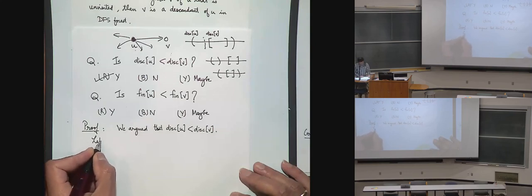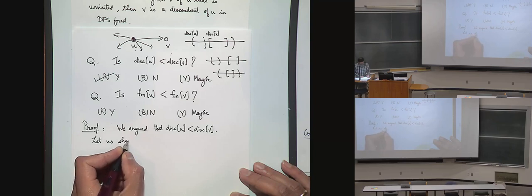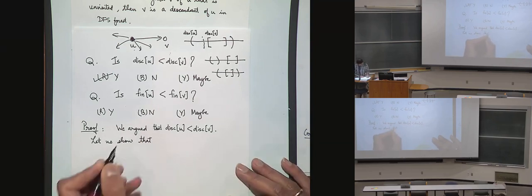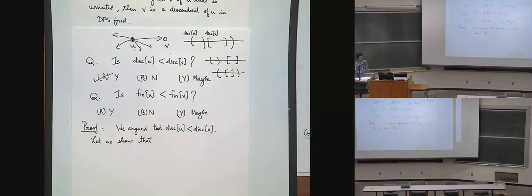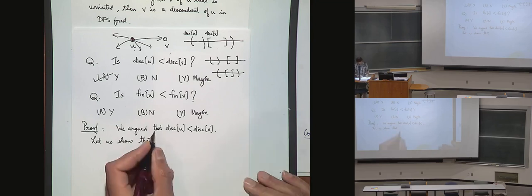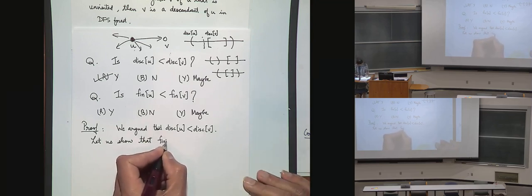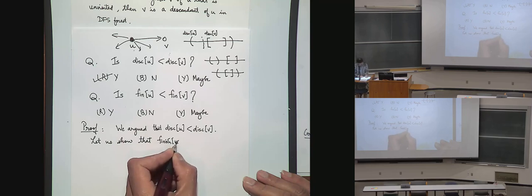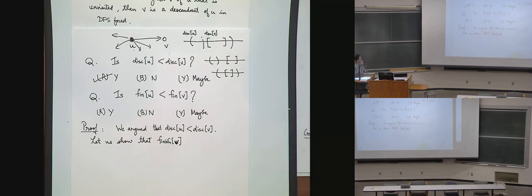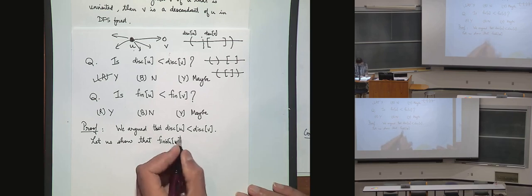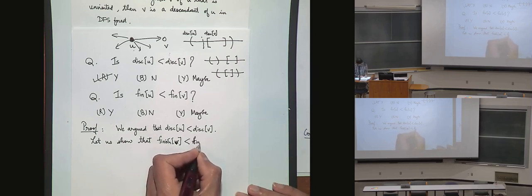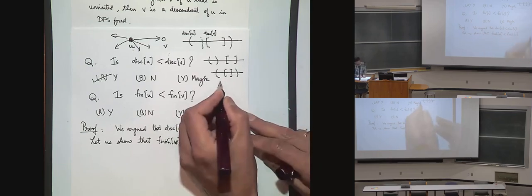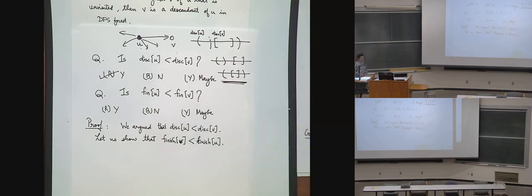Now let us show that, so this is sort of the important point, that the finish of V is less than the finish of U, which means we're going to be in this situation.